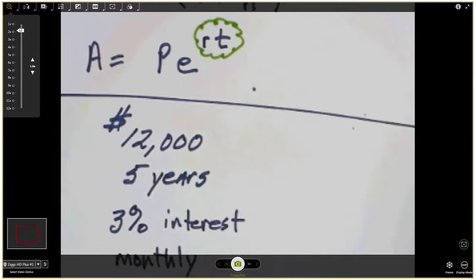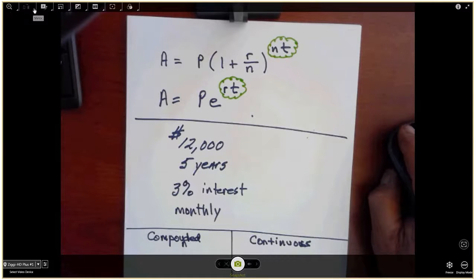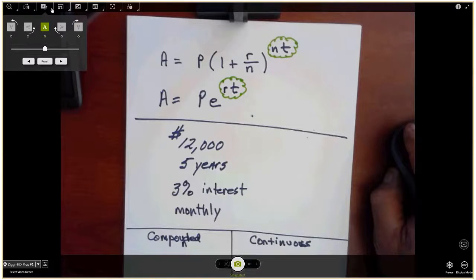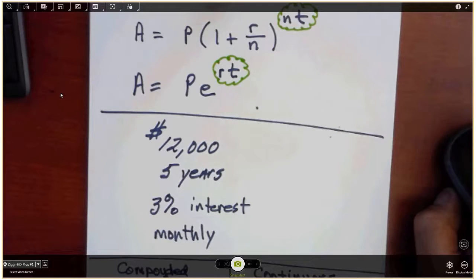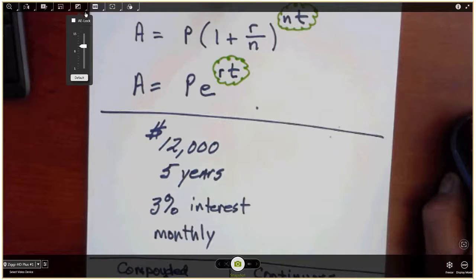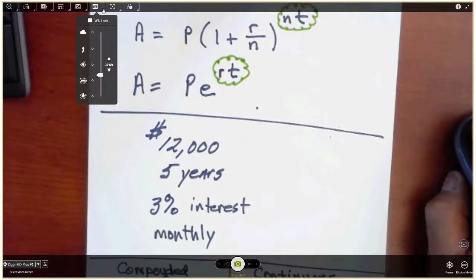That's not gonna work. Oh my God. Fill screen. What is this?